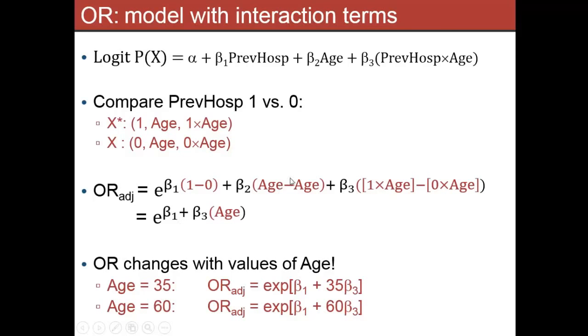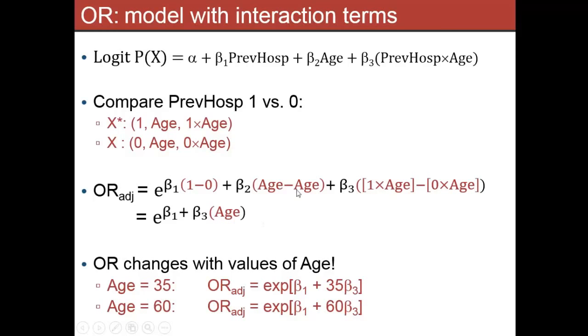Well, the ages cancel out, because age is the same, so we have beta 2 times age minus age. But here's where it gets funky. Look at beta 3. This is just applying our formula. We have beta 3 times 1 times age minus 0 times age. Why is that? Well, it's this thing minus this thing, which is just the formula again. And 0 times age, this piece goes away. And what you get is e to the beta 1 plus beta 3 times age. This is the odds ratio now when you have an interaction model.